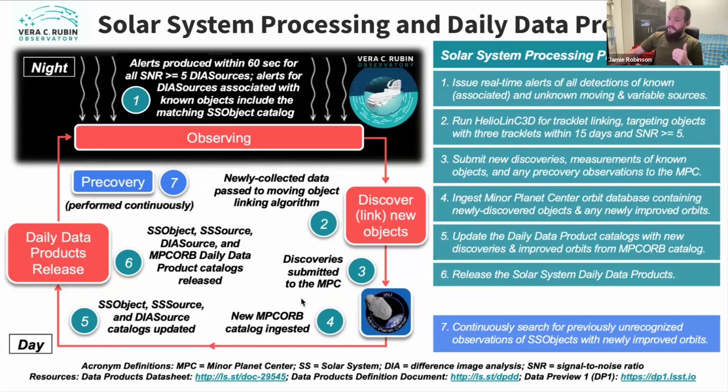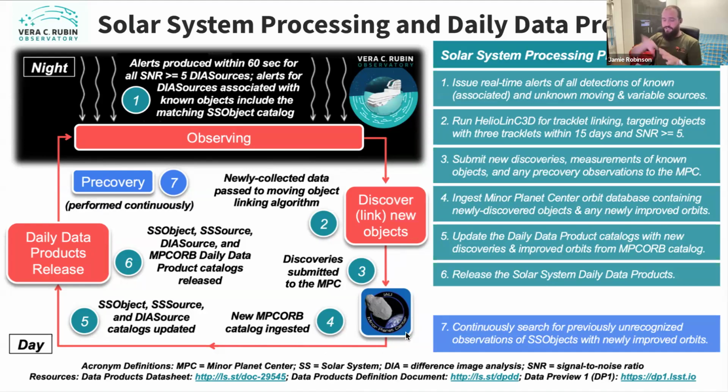Then this linking of tracklets occurs, and these tracklets are built up over time until the pipeline determines that, okay, I've got multiple tracklets of a candidate object on multiple nights. Once the pipeline has a sufficient number of tracklets to have a reasonable confidence that this is a single moving object, these discoveries can be submitted to the Minor Planet Center, the MPC.